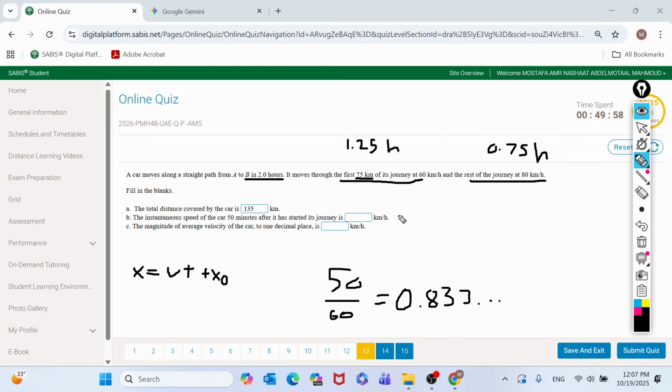So 0.833 is in the first half, because anything more than 1.25 would be in the second half, and for the whole first part of the journey it's at 60 kilometers per hour.